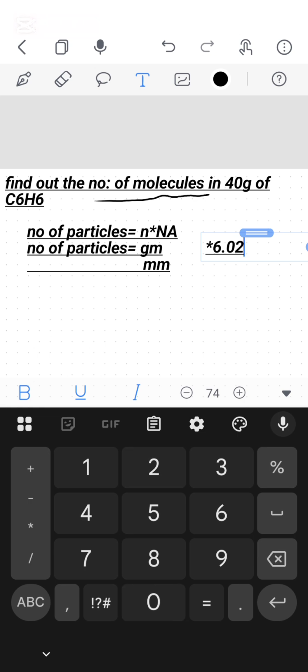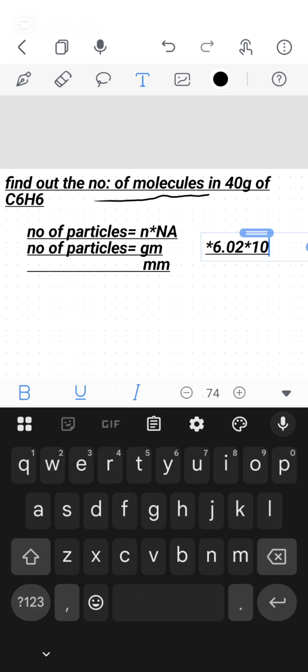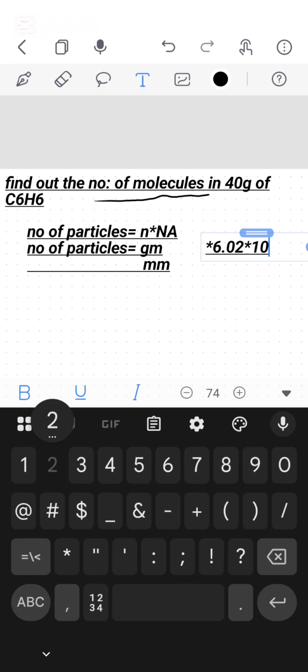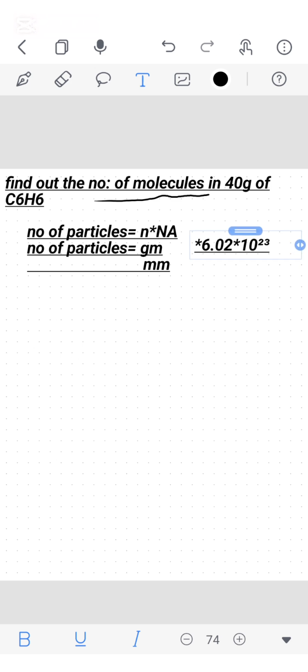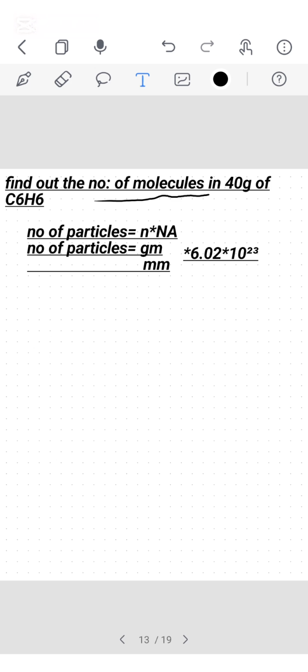The Avogadro value is 6.02 multiplied by 10 power 23. So that is what the Avogadro number is, and that is how it multiplies.